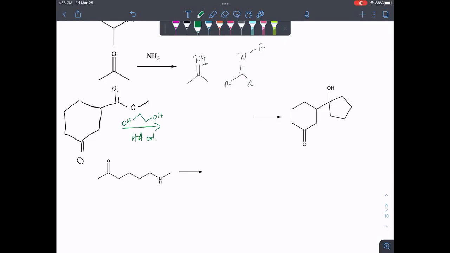Okay, so then that gives you your cyclic acetal. It doesn't affect the ester because the ester is too reactive.